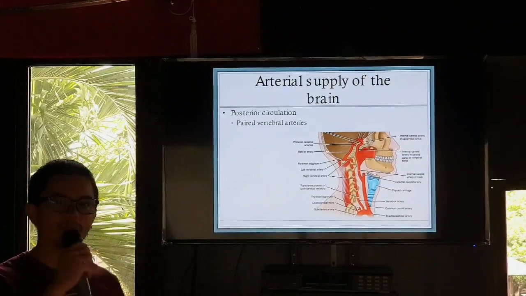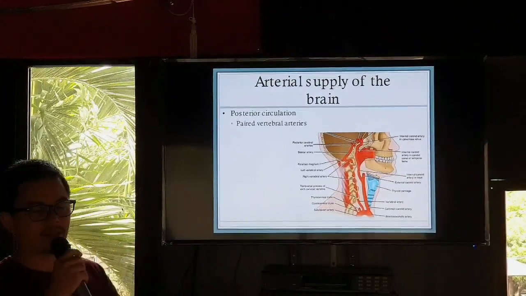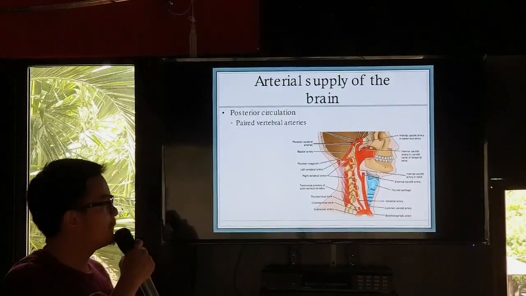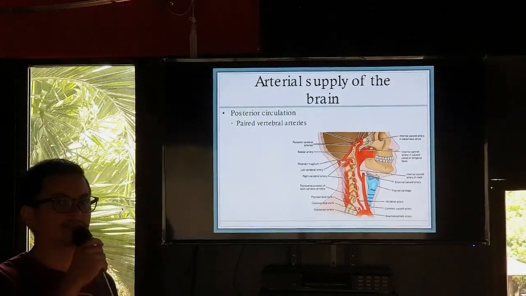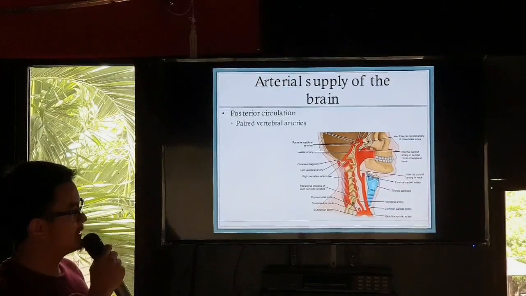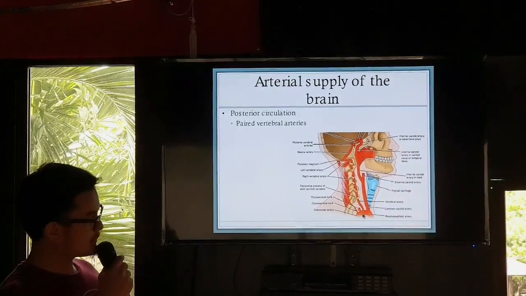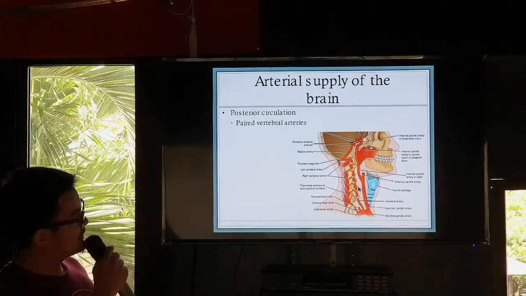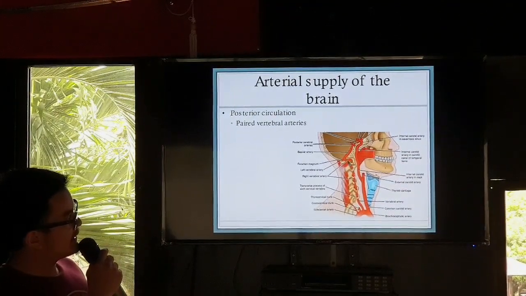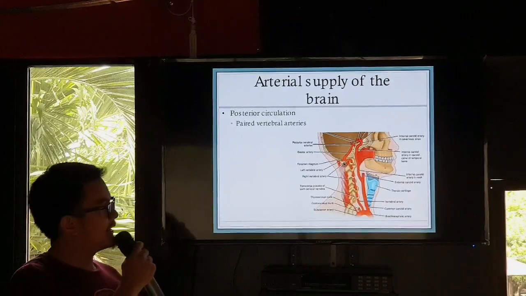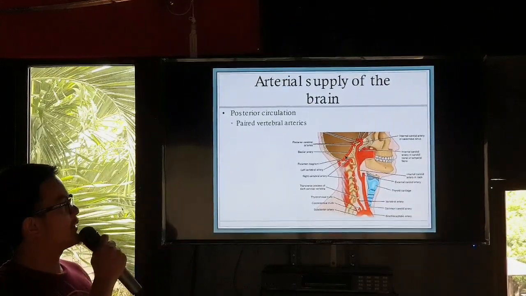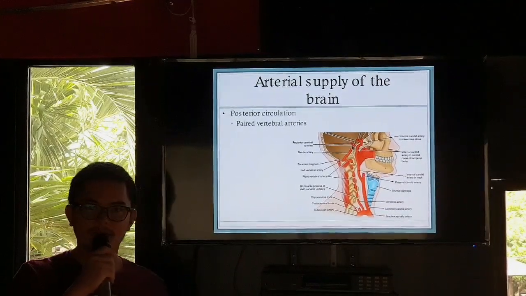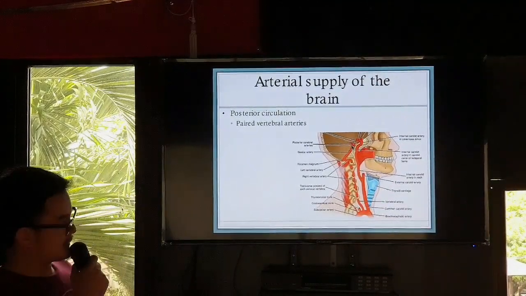Now you also have a posterior circulation. The posterior circulation is supplied by the paired vertebral arteries. You can see here, from the first part of the subclavian, you have the right and left vertebral arteries.